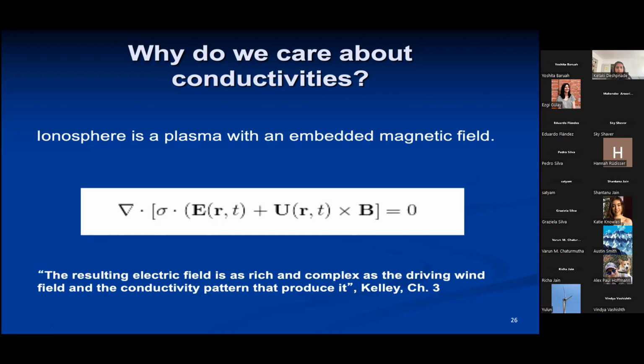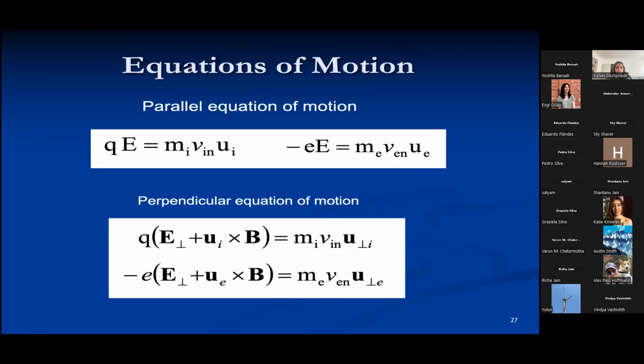So I'm going to talk a little bit about conductivities and how they're important in understanding how the plasma moves. So again, we have the equations of motion, both parallel to the magnetic field and perpendicular. One of the things you'll see in the parallel case is we're looking at the collision frequencies.